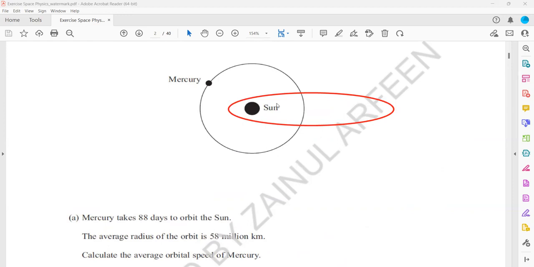Can you label the point X where the comet is traveling faster? Where should X be? Yes, so this will be X. It is the point closer to the sun, because when it is closer to the sun, the potential energy is less, so kinetic energy is more. You can also label X here. The potential energy is less, so it will have greater kinetic energy, so it will move faster.